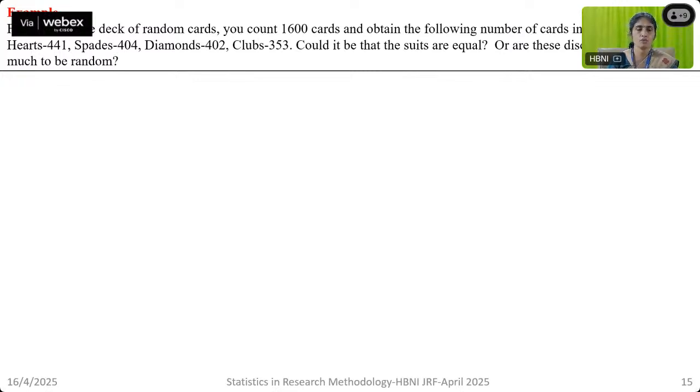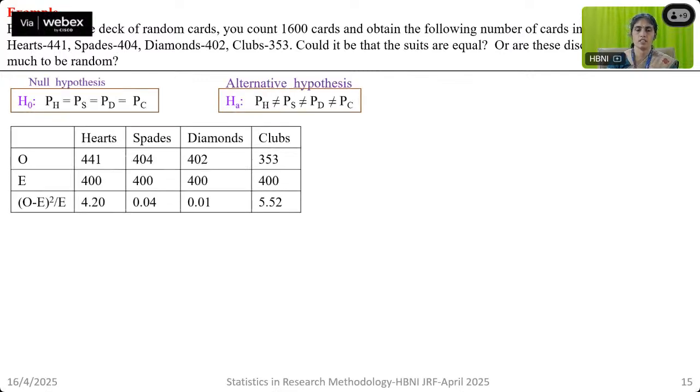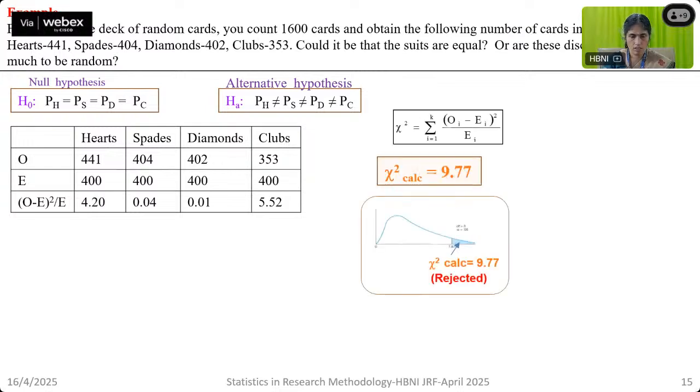But in real situations, if the cards are not uniformly distributed in the deck, you will see random variation when you pick out different types of cards from that set. Initially, we proposed that the probability of taking out hearts is equal to that for spades, diamonds and clubs. But what we observe is a different frequency for each of these types of cards. From the chi-square function, we can calculate the values.